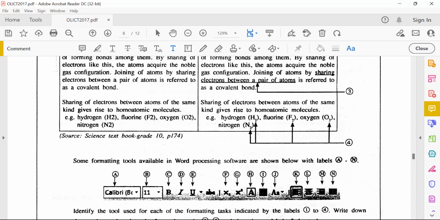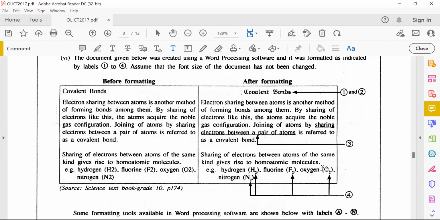Then change case is J, then alignment with K. So K is left align, center line, M is right align, and N justify. So the first one, what we have to do?